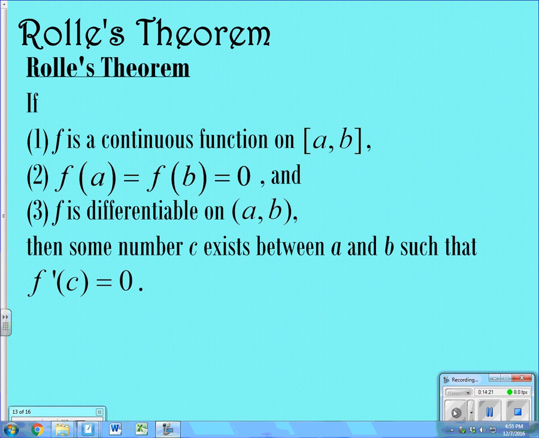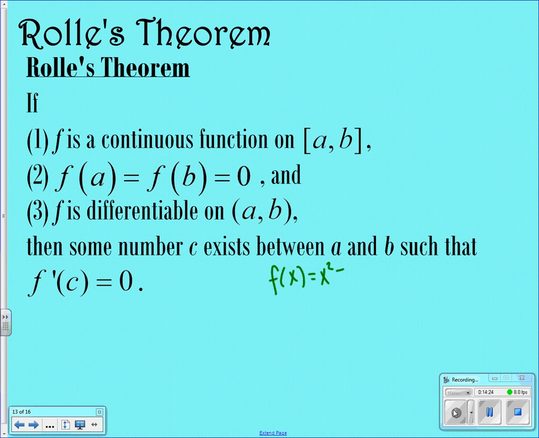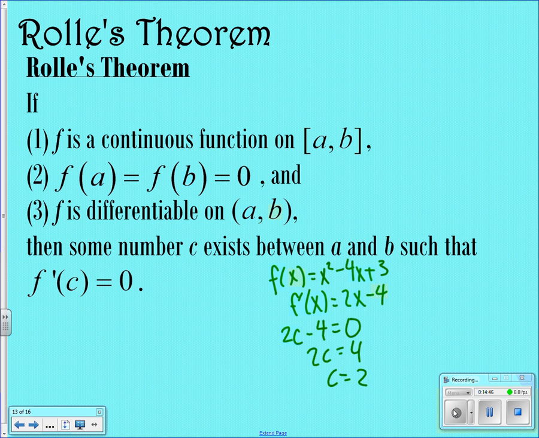You would use Rolle's theorem by taking the derivative of your function, and that would be your derivative, and it says that at some number that equals 0, and the number is c. We don't know what it is, but at some number it equals 0, and so your c value is 2. Some number exists between a and b such that the derivative equals 0, and so your c value is 2 there. So that's basically what you do with Rolle's theorem. They don't have an example in the book, but that's one from your homework for tonight.